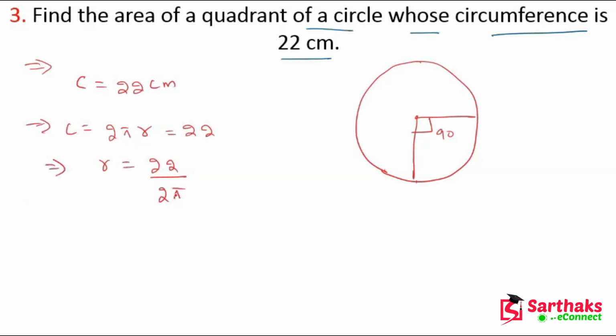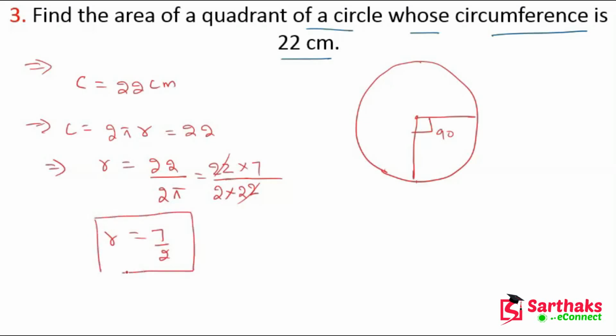Put the value of pi, which is 22 upon 7, and this 7 goes into the numerator. So the 22 and 22 both are cancelled, and we get 7 upon 2. So we have radius 7 upon 2 centimeter.